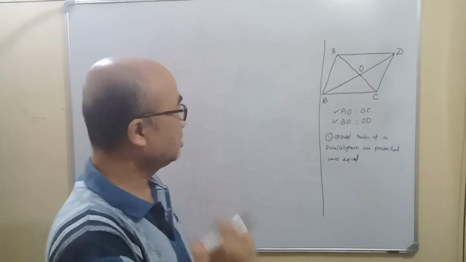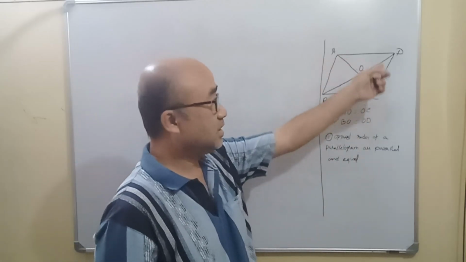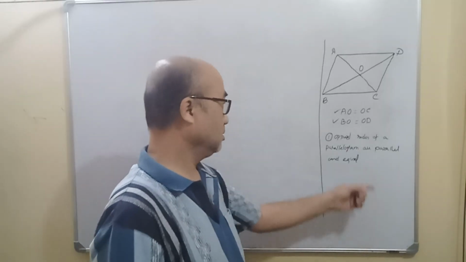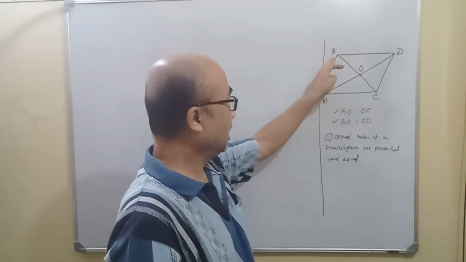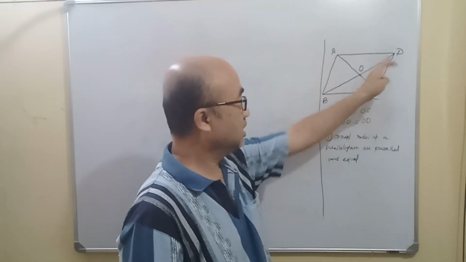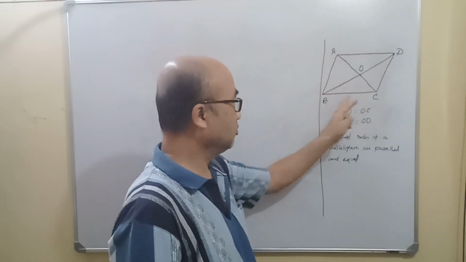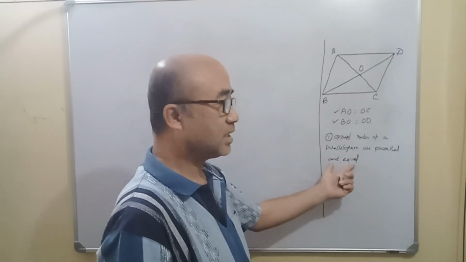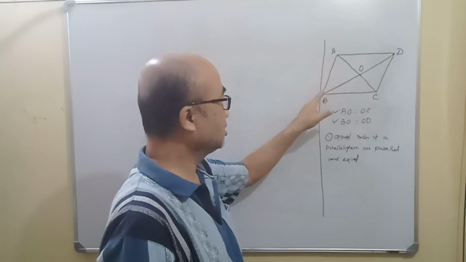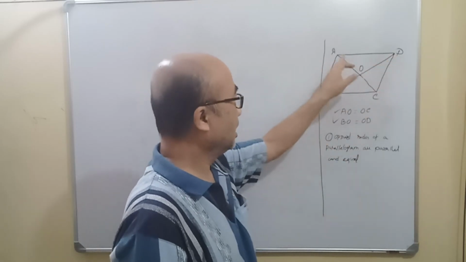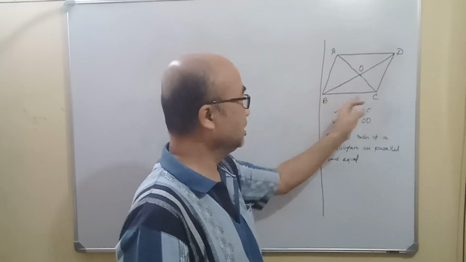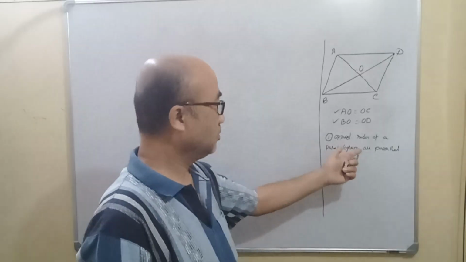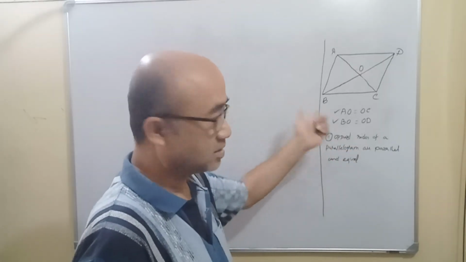This is one property. If ABCD is a parallelogram, then its opposite sides AB is parallel to CD and AD is parallel to BC. And also they are equal, meaning AB is equal to DC and AD is equal to BC. We will use this property in solving this problem.